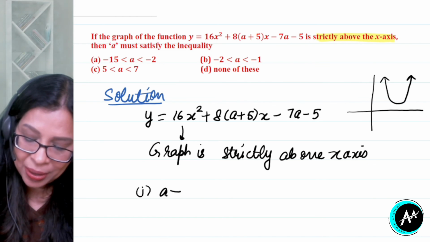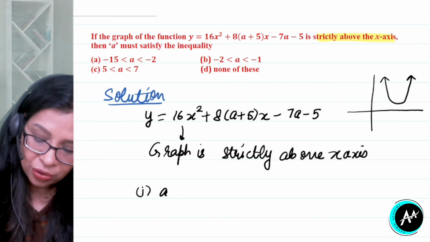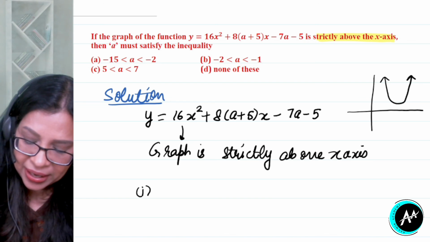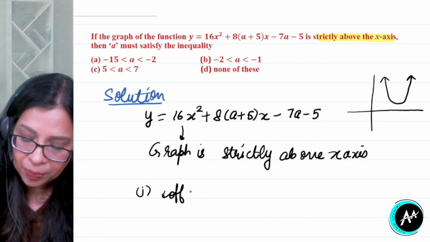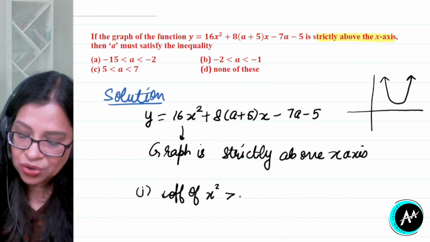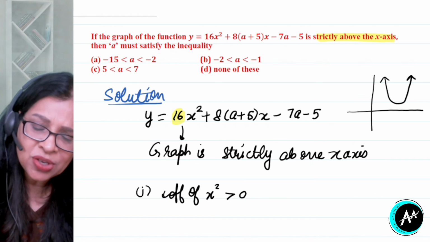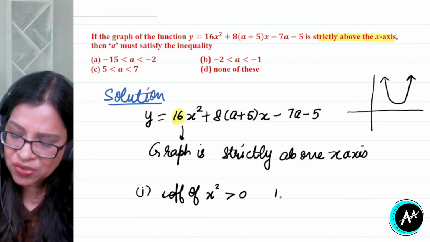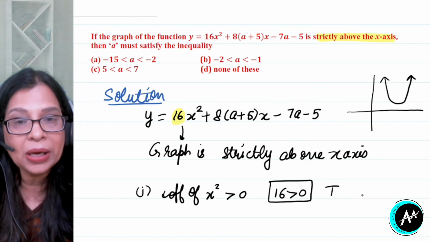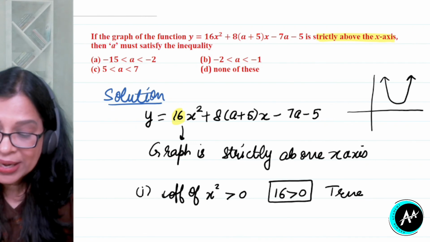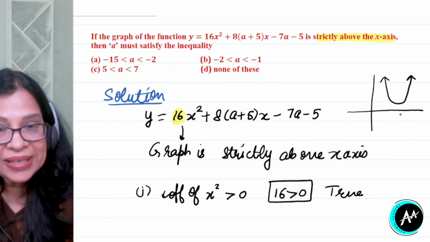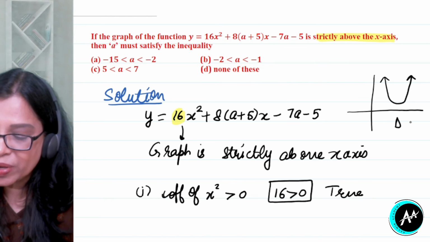Now let me take capital A because small a they are already using in the question, or we can say that coefficient of x square is positive. Now what is the coefficient of x square? 16. It is positive, so that means this condition is satisfied. 16 is greater than 0, so that means this condition is true. So that means now you can see the parabola here is not intersecting the x-axis at any point. That means no real roots.